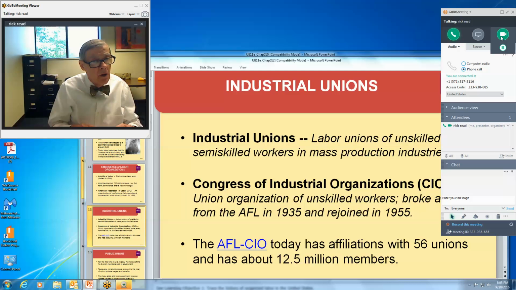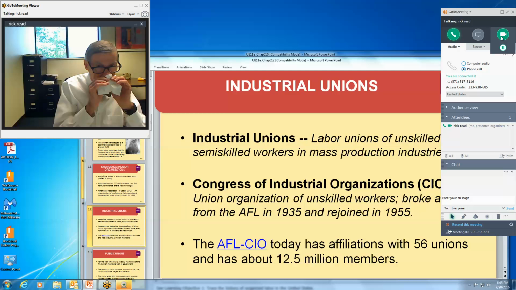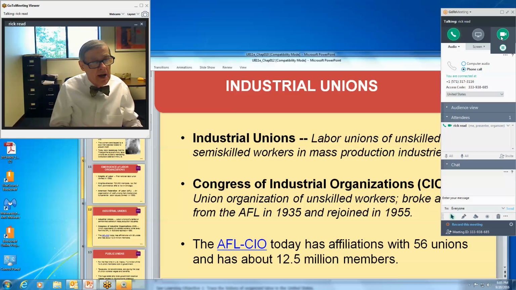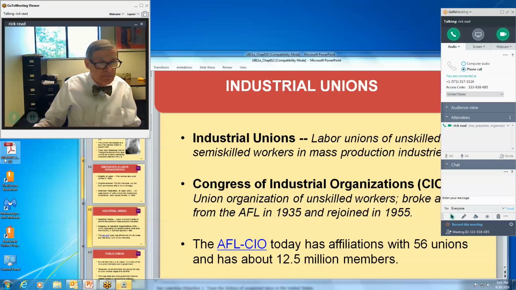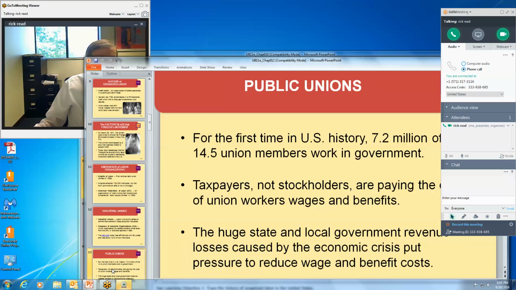The CIO, the Congress of Industrial Organizations, decided to break away from the AFL in 1935 and had their own union. And then the two got back together again in 1955. The AFL-CIO today has about 56 unions or affiliations with them and about 12.5 million members.